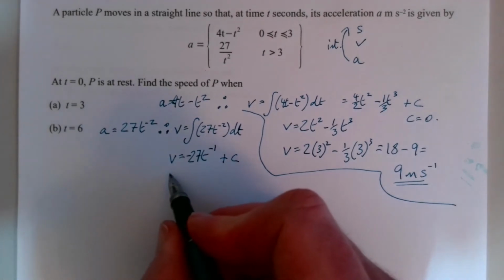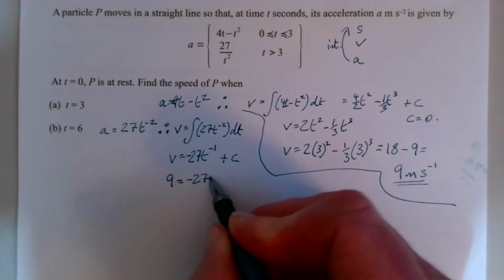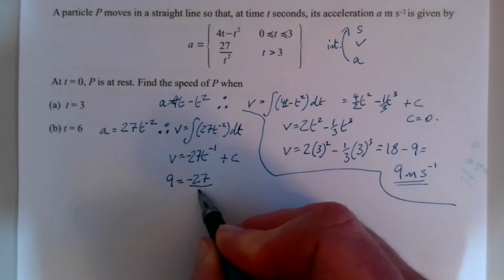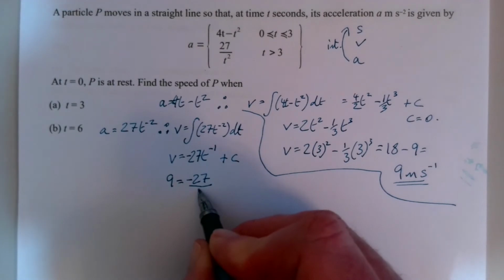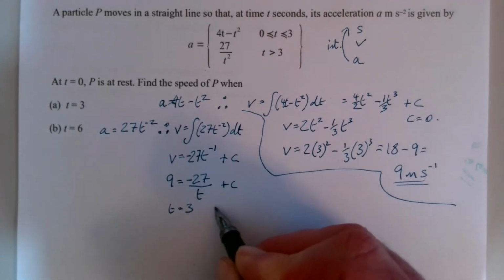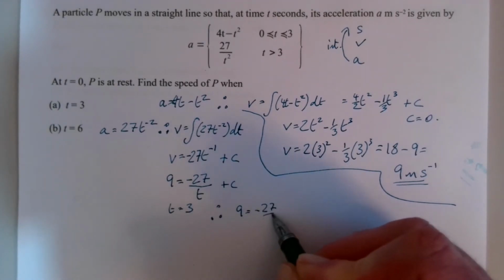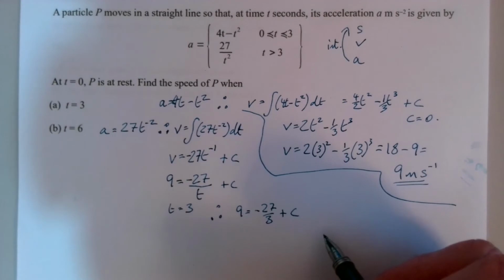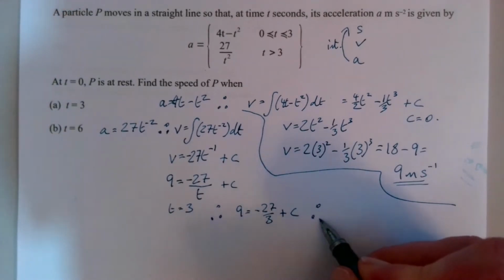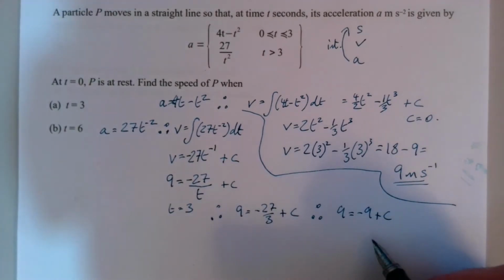So we can say 9 equals minus 27 t to the negative 1, might be easier to put that underneath here, divide by t plus c, at time t equals 3, therefore we're looking at 9 equals negative 27 over 3 plus c, so that means 9 equals negative 9 plus c, add 9 to both sides, c equals 18.